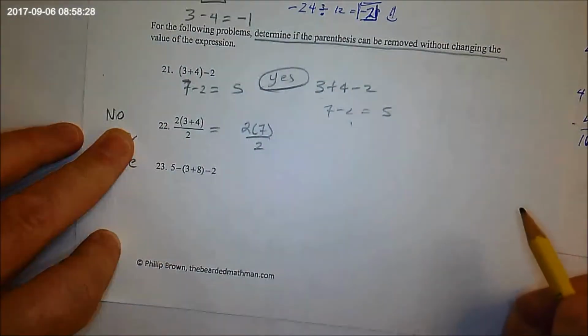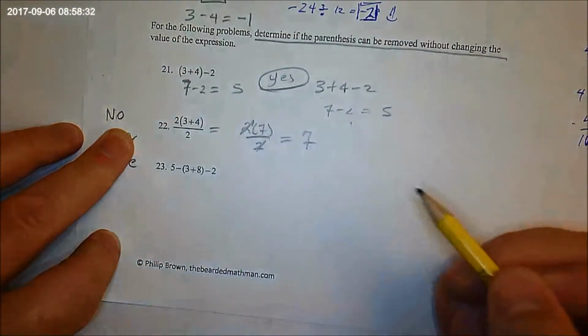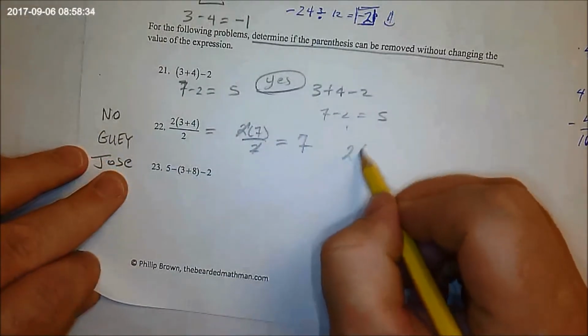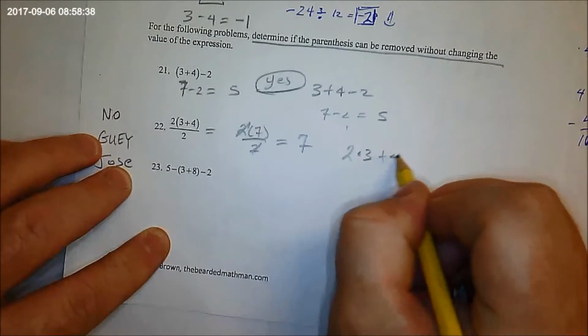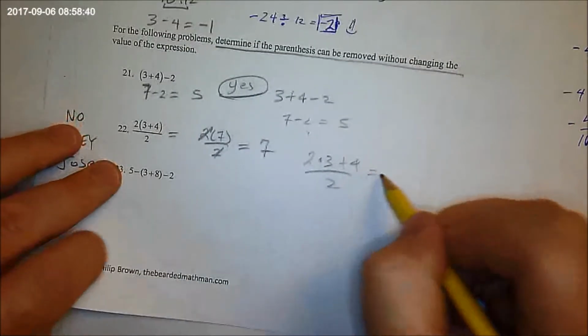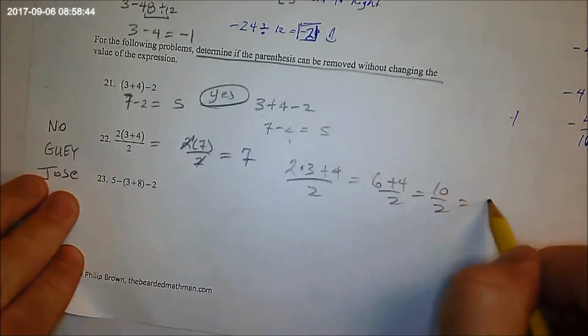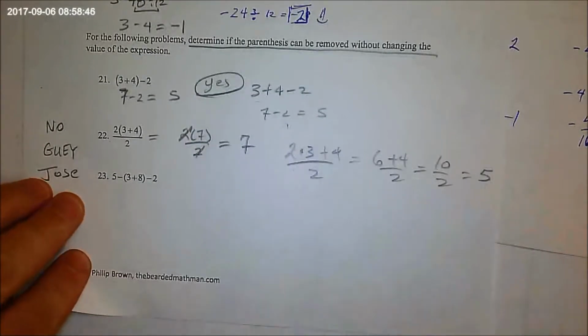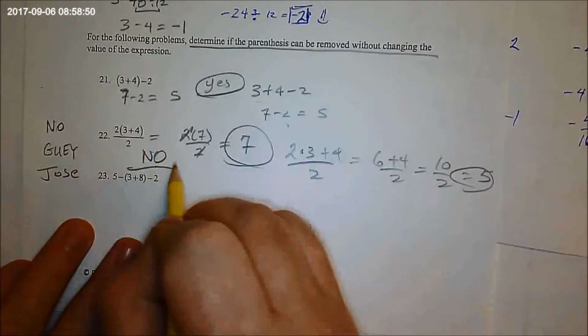Do you see? 2, you can reduce, and that would be 7. Without the parentheses, it would be 2 times 3 plus 4 over 2. That would be 6 plus 4 over 2, which would be 10 over 2, which would be 5. And I don't think 7 and 5 are the same number, so this one is nope.